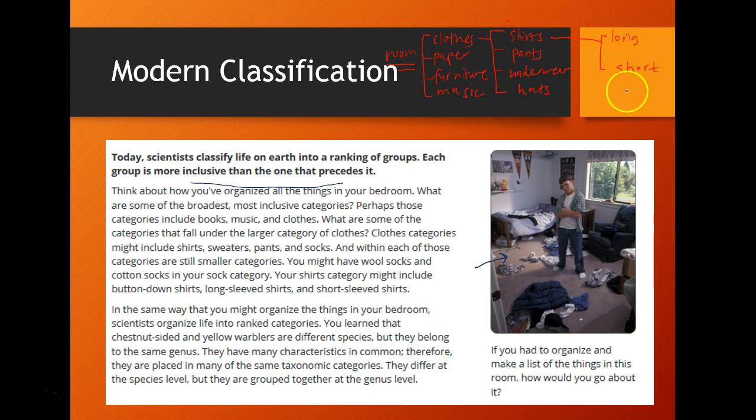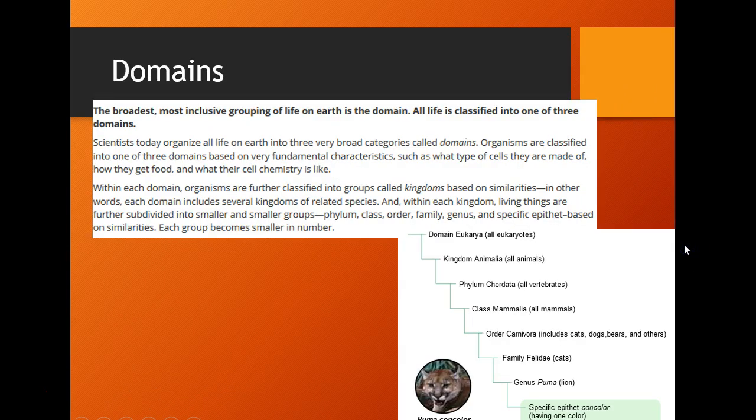And this is how biologists organize organisms now, based on their similarities and differences and their evolutionary history. The broadest and most inclusive grouping of life is called the domain.